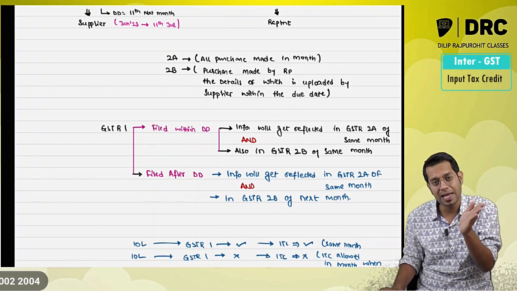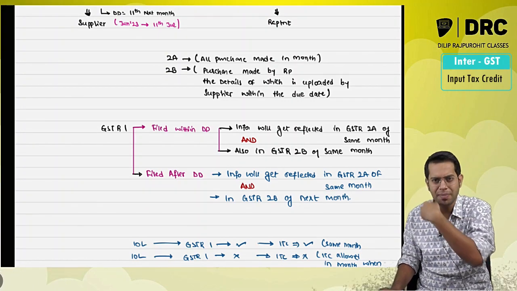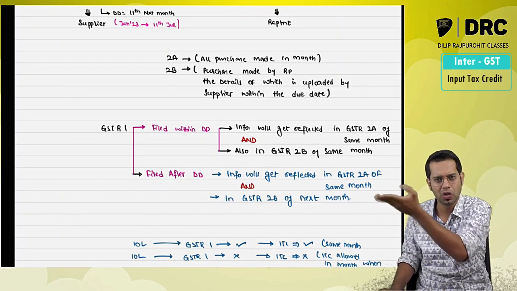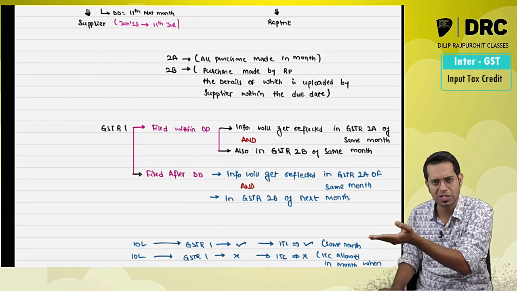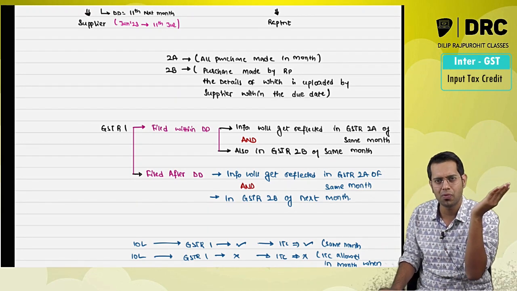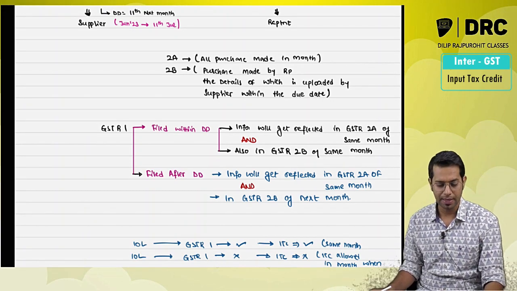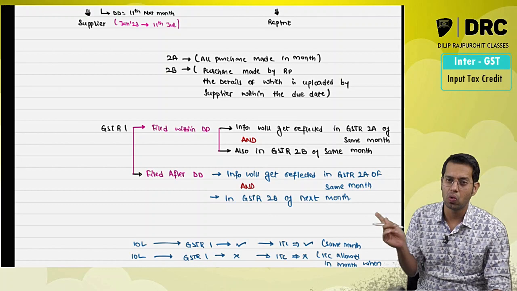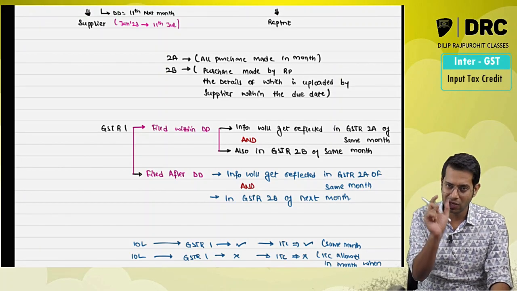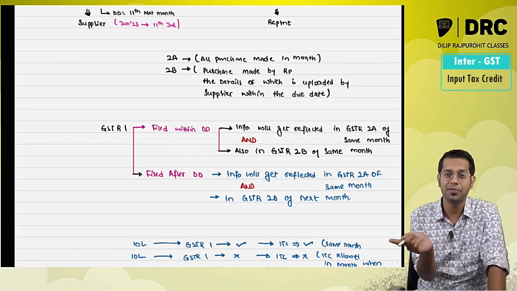But if the supplier has filed it after the due date, it will come in GSTR2A of the same month, because 2A gives the information of all the purchases made by you in a particular month, irrespective of the time when the return is filed by the supplier. But 2B will give the information only about those invoices whose details are filed within the due date.